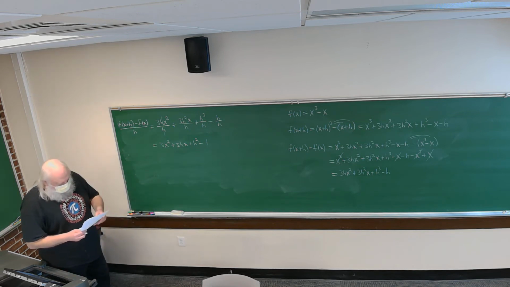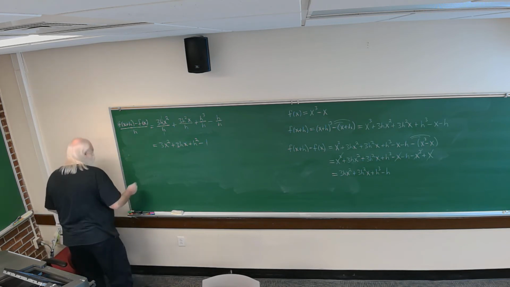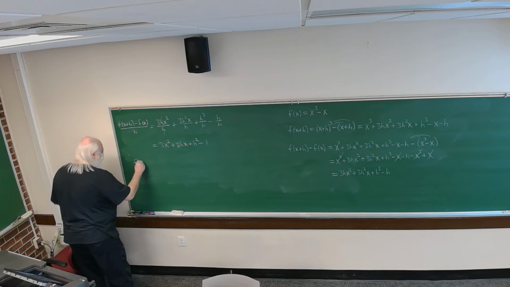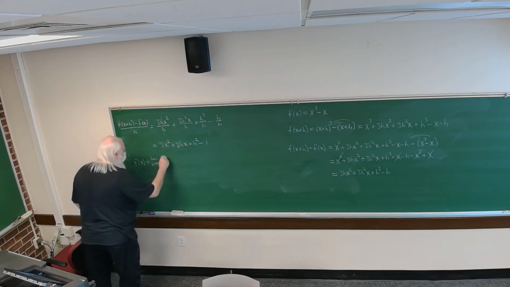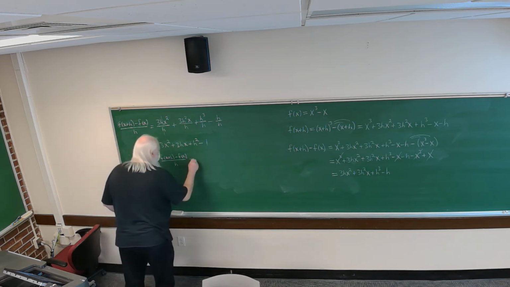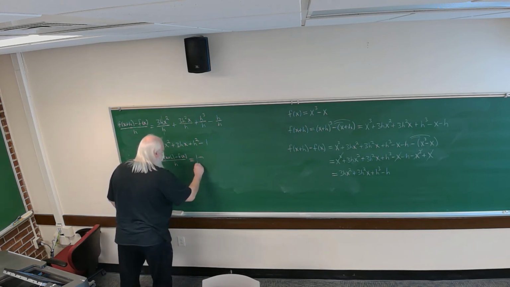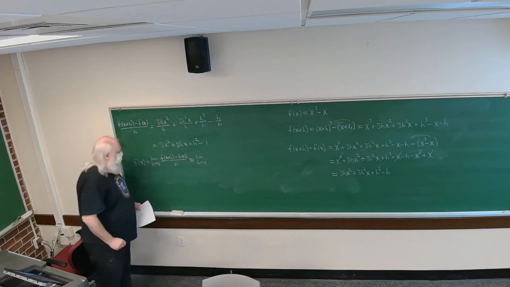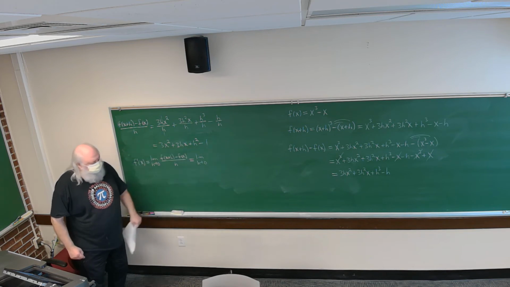Okay. And now we can calculate the derivative. F prime of x is equal to the limit as h goes to 0 of the difference quotient, which in this case is 3x squared plus 3hx plus h squared minus 1.